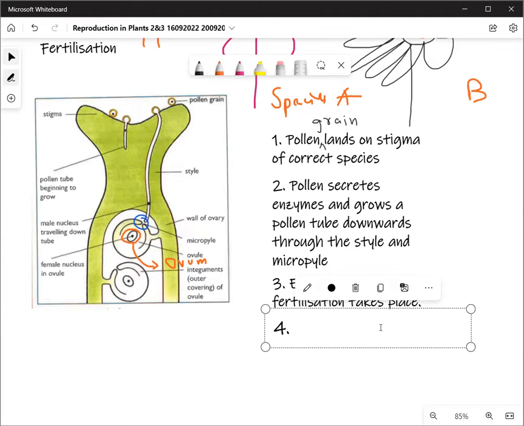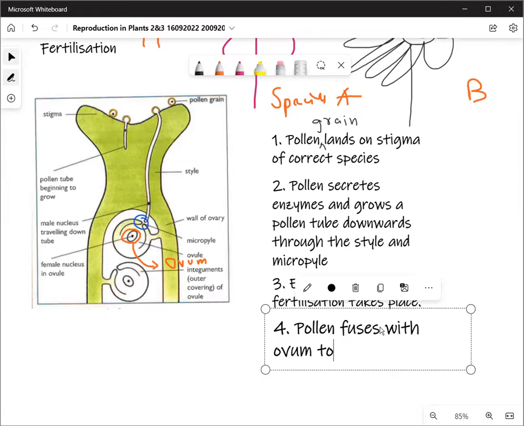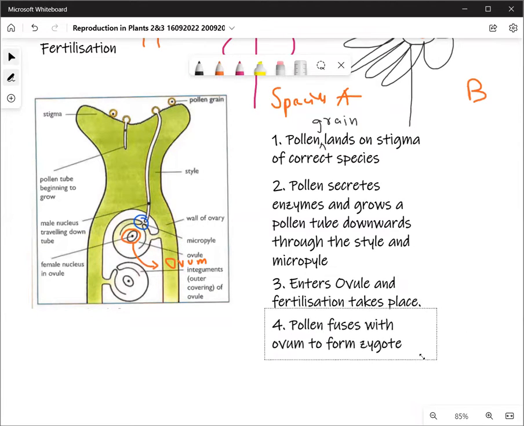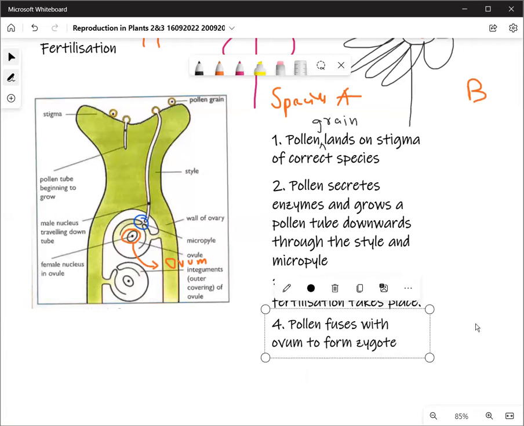Fourth step is the pollen fuses with the ovum to form a zygote. Right? What happens? The pollen nucleus fuses with the ovum nucleus to form a zygote.